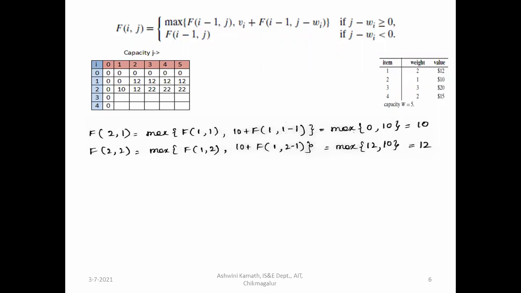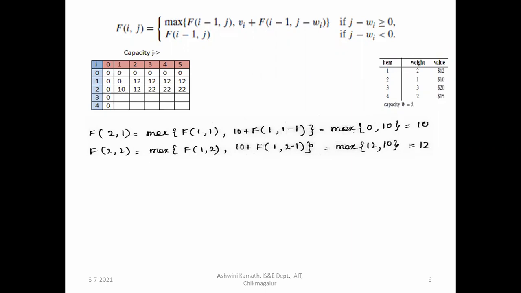Then f of 2 comma 2 is equal to the maximum of f of 1 comma 2 comma 10 plus f of 1 comma 2 minus 1, which is equal to f of 1 comma 1, right?